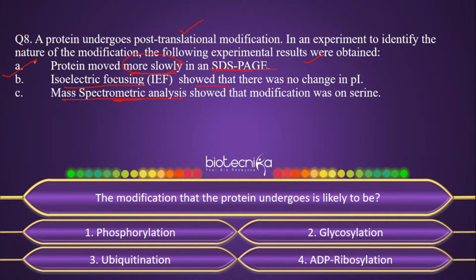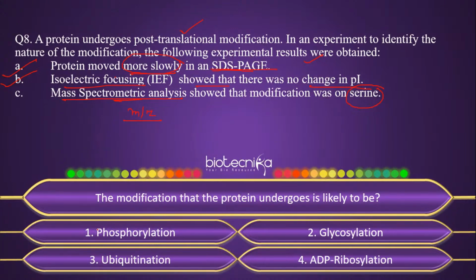This is one hint that we got. Second, no change in PI, right? So isoelectric focusing, PI, isoelectric point, is when the net charge on the protein is 0. And mass spectrometry, a technique which measures the mass to charge ratio of a peptide, shows that the modification was specifically on serine.